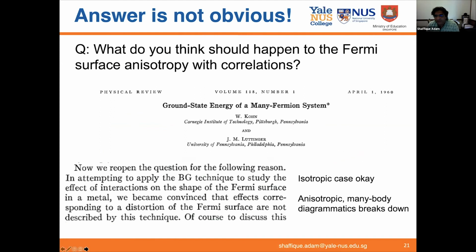The only reference we saw addressing an anisotropic Fermi surface was a paper in 1960 by, again, Kohn and Luttinger. They say that diagrammatic perturbation theory breaks down when you have an anisotropic Fermi surface. And since 1960, nobody had revisited this question: what is the role of strong correlations on an anisotropic Fermi surface?